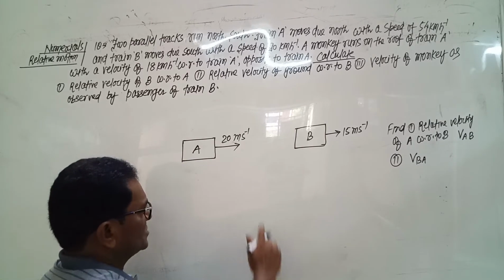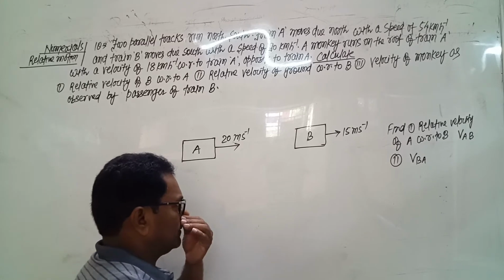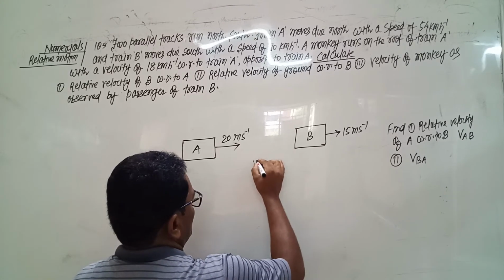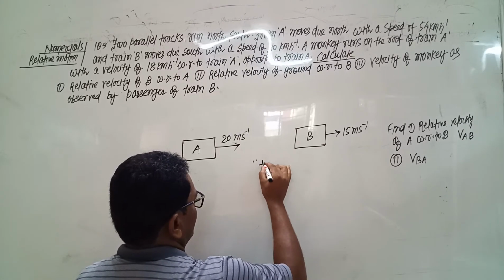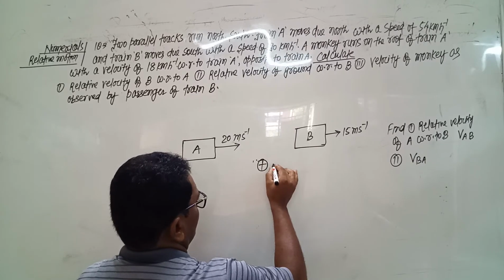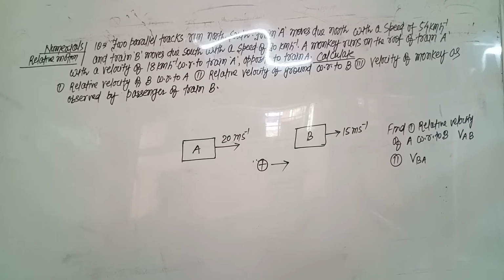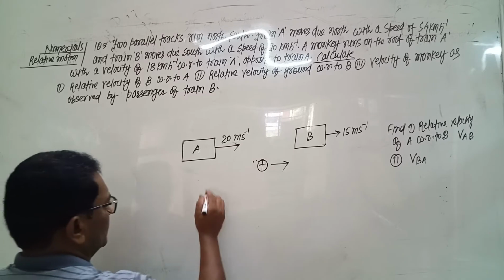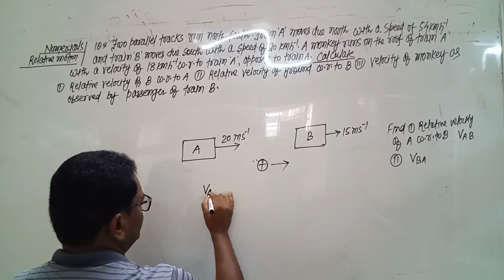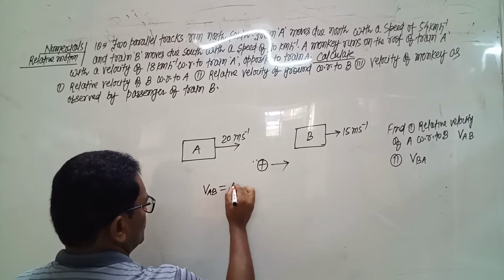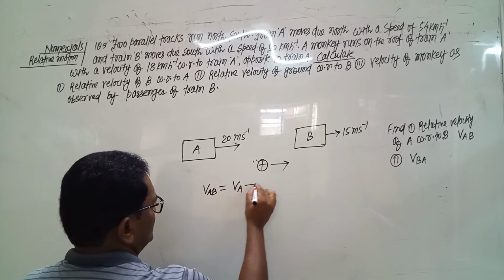So, firstly we will assume the direction. Suppose the positive direction is taken from A to B. So VAB equals VA minus VB.